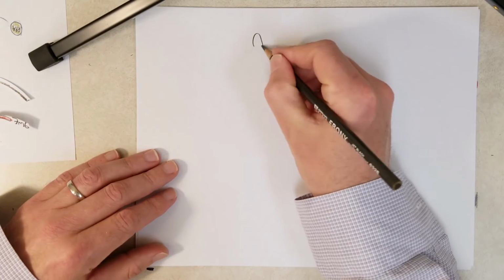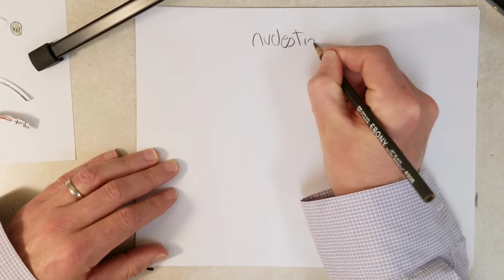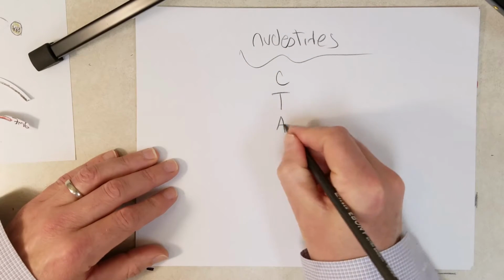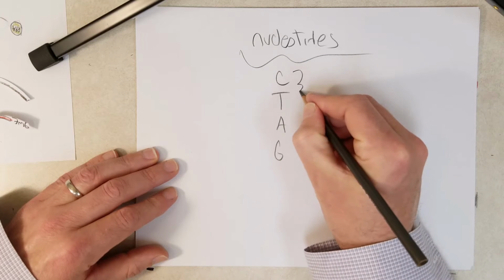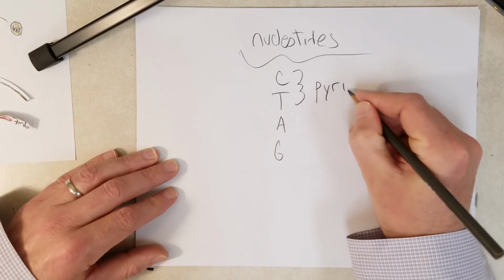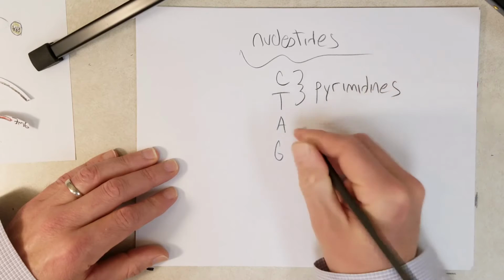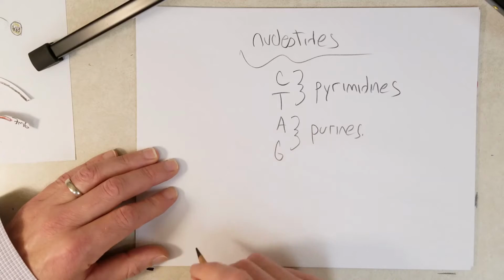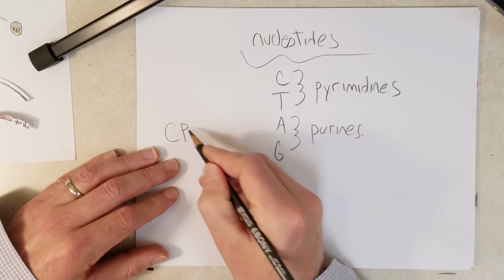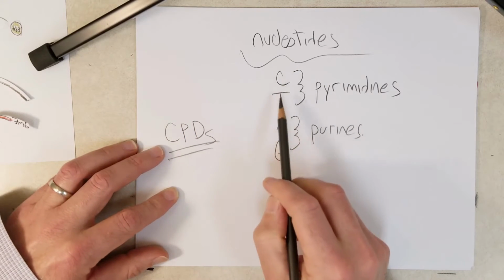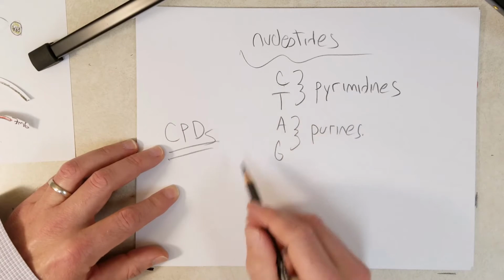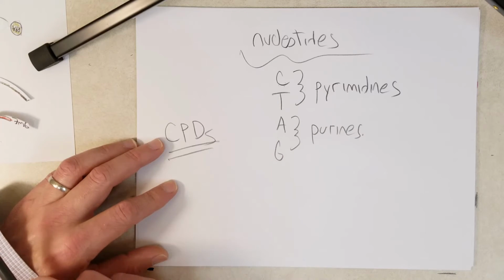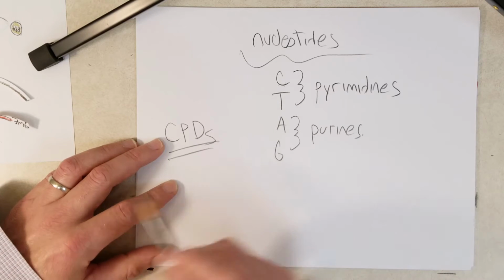By now we should be very familiar with the nucleotides C, T, A, and G. C and T are the pyrimidines, and A and G are purines. So CPDs involve the pyrimidines, and they occur when we have two pyrimidines side by side in a strand of DNA.